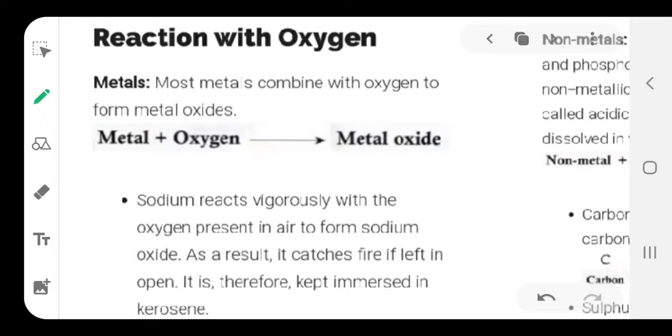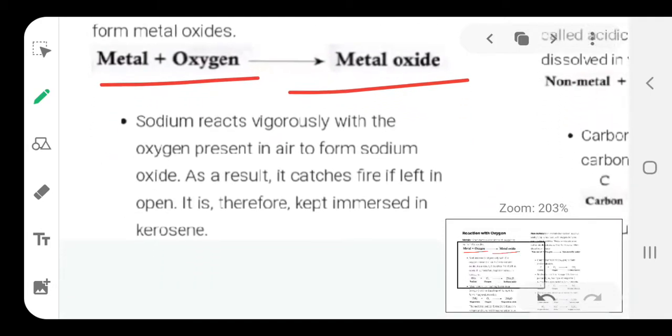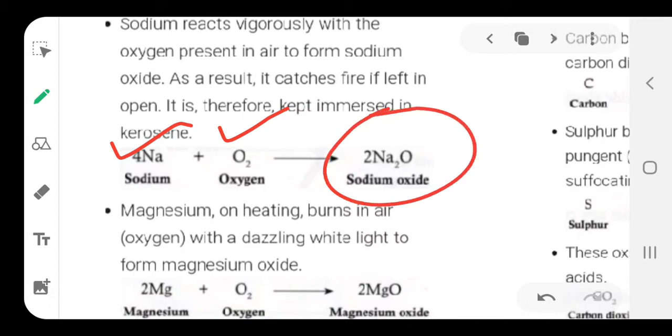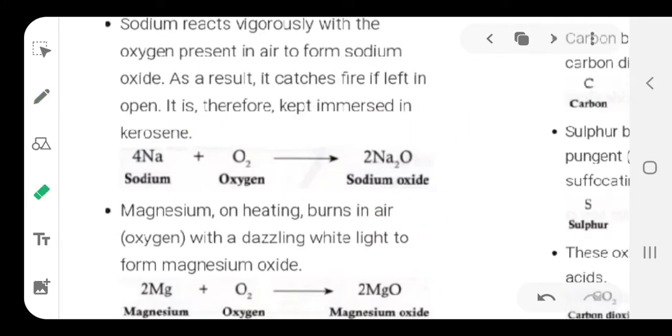Metals, when they combine with oxygen, form metal oxide. This is the general equation I have just told you. You can see the example here. A metal like sodium, which is very reactive, combines with oxygen to form sodium oxide. Write it down with complete balancing.